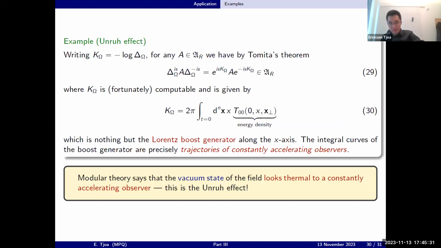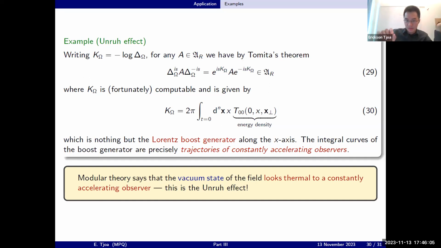you look for the same thing. So you look for the modular Hamiltonian, and then you look for the modular conjugation. And it turns out that if you run a quantum field theory computation, you can actually find in this simple case that the modular Hamiltonian is just 2 pi times the spatial integral of x times the stress-energy density. This might not mean anything to you right now, but you can check from a quantum field theory textbook that equation 30 is nothing but the Lorentz boost generator along the x-axis.